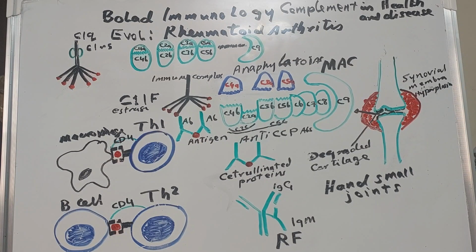And as I mentioned, citrullination is a normal physiological process during cell apoptosis, and the citrullination takes place by removal of a molecule of arginine, and this leads to negatively charged proteins.